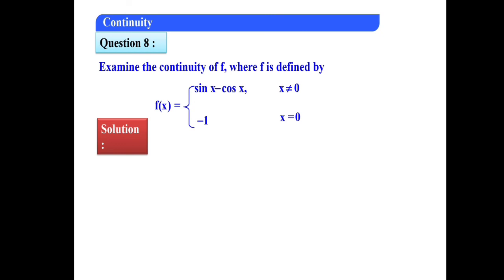First see the condition x not equal to 0, which means sin x minus cos x is defined for x less than 0 and greater than 0. For both it is the same function, and at the 0 point the function is minus 1.